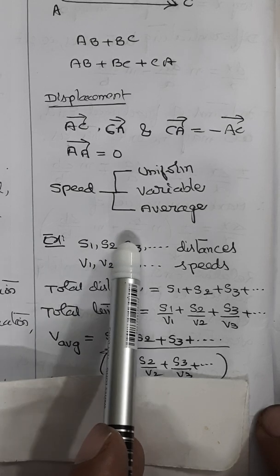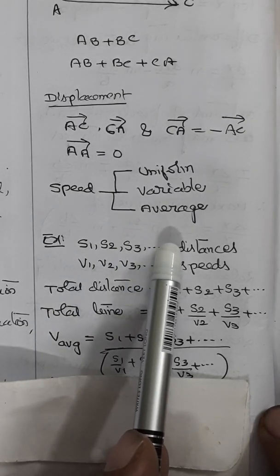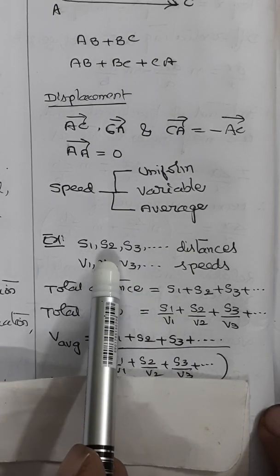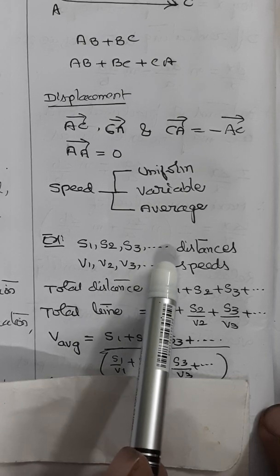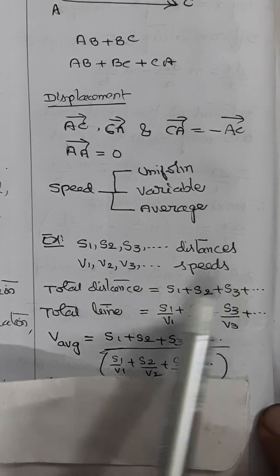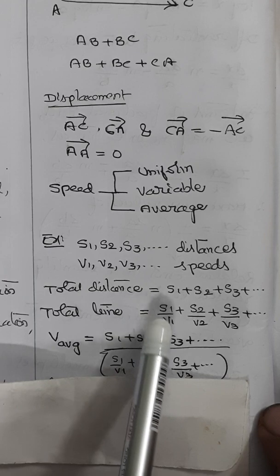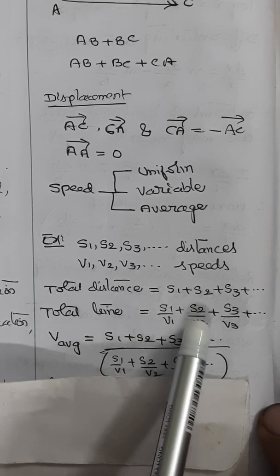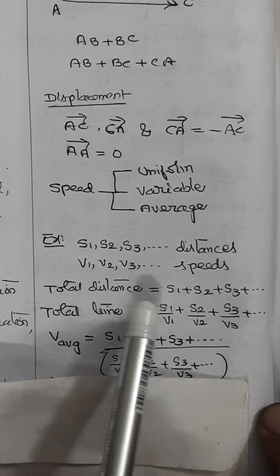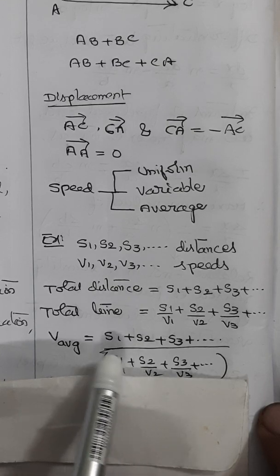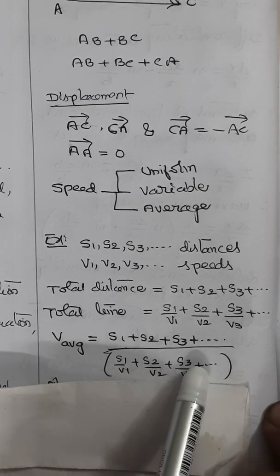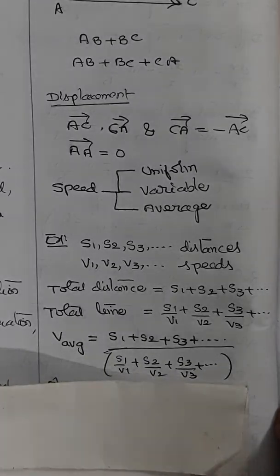If s1, s2, s3, etc. are distances travelled with speeds v1, v2, v3, etc. in the same direction, then the total distance travelled is s1 plus s2 plus s3 plus etc. Similarly, total time taken will be distance by velocity, that is s1 by v1 plus s2 by v2 plus s3 by v3, etc. Therefore, how do you calculate the average speed? Total distance travelled by total time. So that will be s1 plus s2 plus s3 plus etc. by s1 by v1 plus s2 by v2 plus s3 by v3 plus etc. This is how average speed can be expressed.